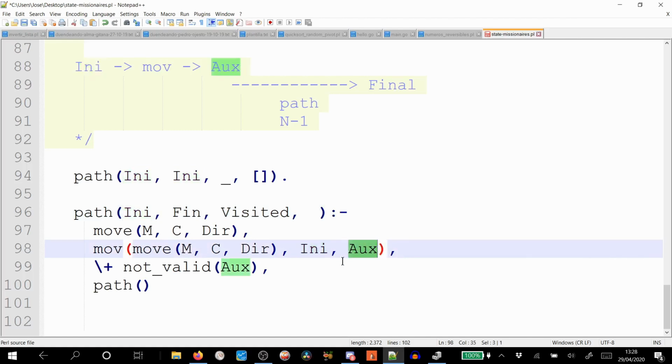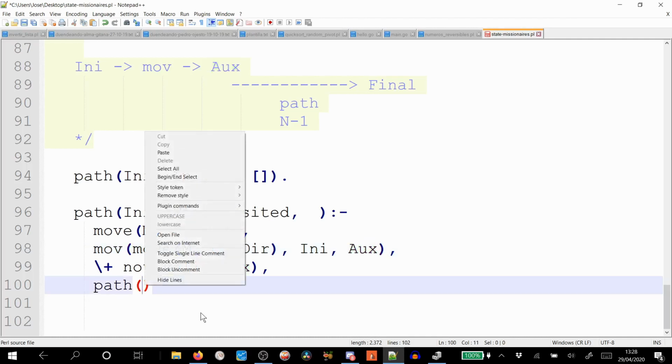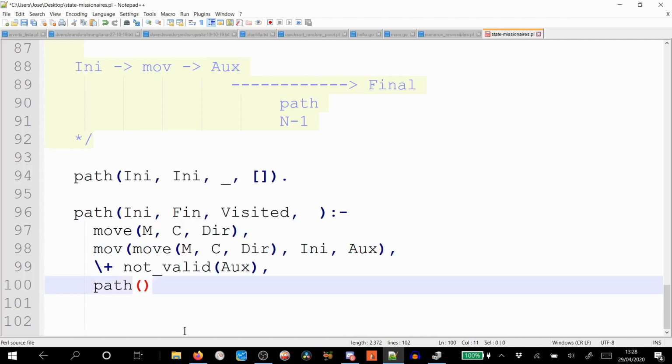Now we have a new situation of the problem in aux. We are here, and now we want a path from where? Then you have to write there aux. Yeah, then visited plus aux. Exactly. Aux is the new state we visited, so we have to add it to visited.